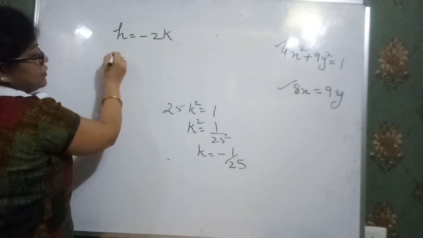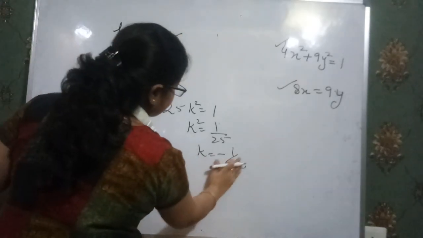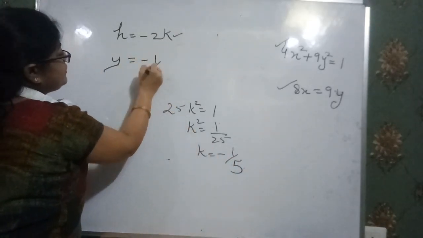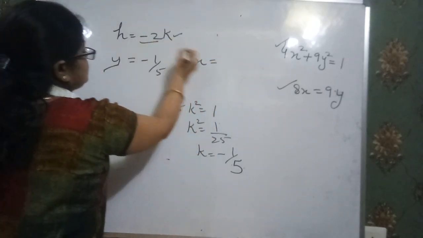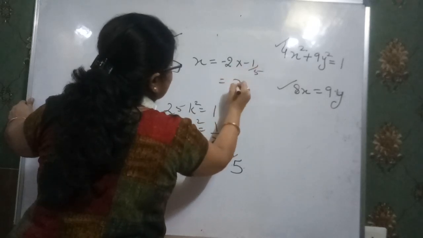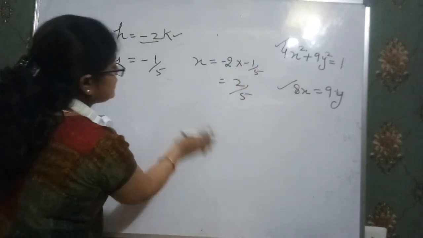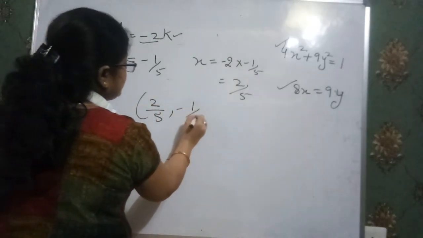So if I take the value of y as minus 1 over 5, the value of x becomes minus 2 into minus 1 over 5, that is 2 over 5. So the point where the tangent touches the curve is 2 over 5 comma minus 1 over 5.